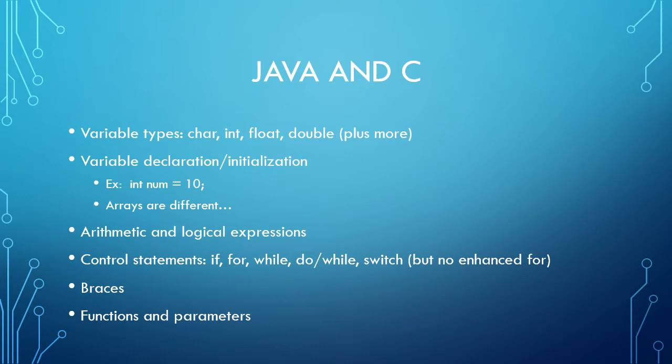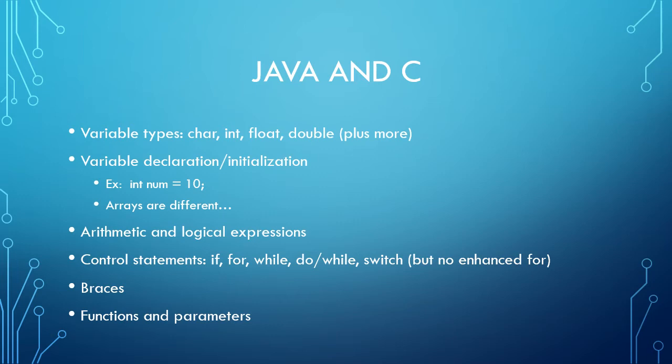Those are all the same. Our control statements and the syntax of those statements is the same. If, for loops, while loops, do while loops, and switch, all of those are the same, and they use braces the same way. So if we want more than one statement to be controlled by one of these control statements, we put them inside braces.